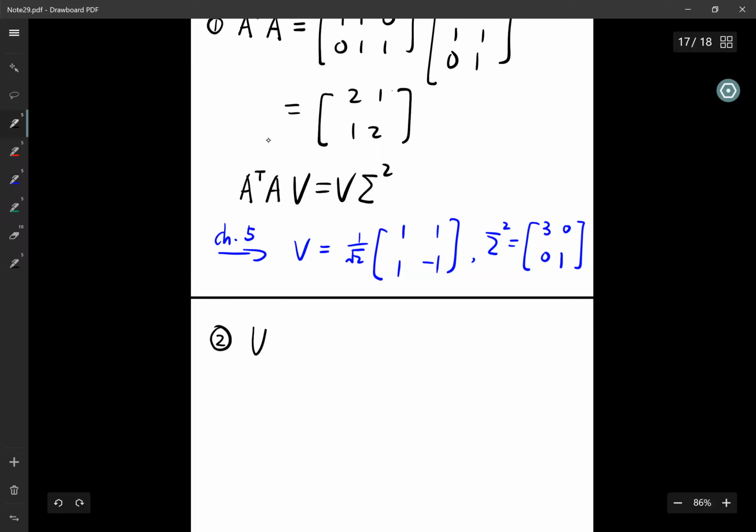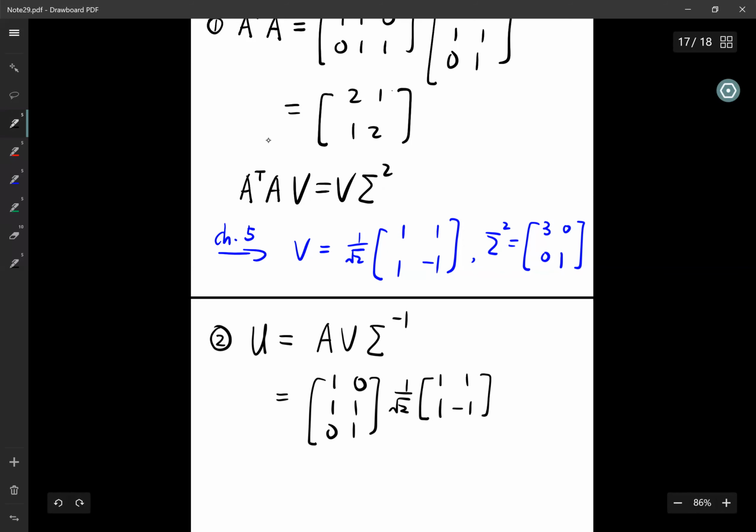Step 2, compute U. It always looks like this. So this is A, times V, which is 1 over square root of 2 times [1, 1; 1, minus 1], and sigma inverse is 1 over square root of 3, 0, 0, 1.